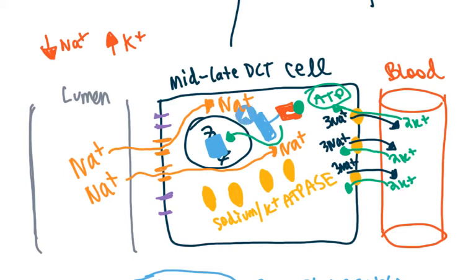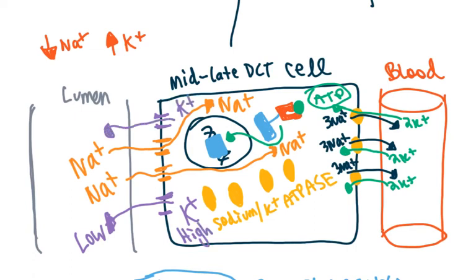Potassium is high concentration inside, so potassium would naturally want to go from high to low concentration. So this is where there's low concentration, this is where it's high concentration. All right, so let's draw the same thing here. So it's where there's low concentration of potassium. And that's pretty much it.